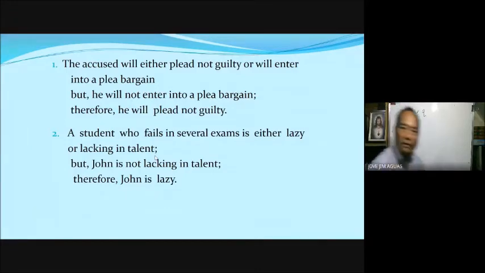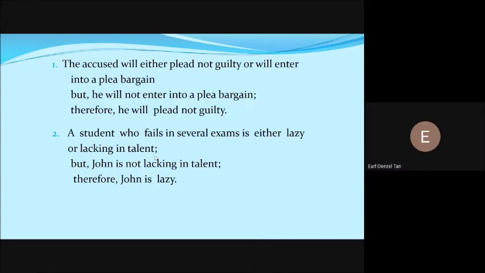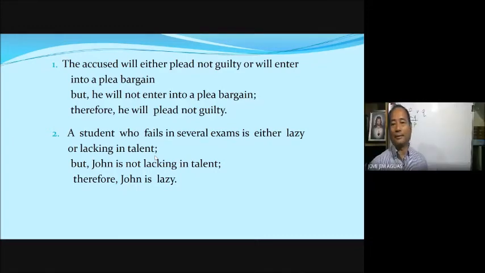Now, the first thing that you have to do is think, is that a proper or improper disjunction? How do you know? Just ask the question: can an accused plead not guilty and enter into a plea bargain at the same time? Not possible, right?